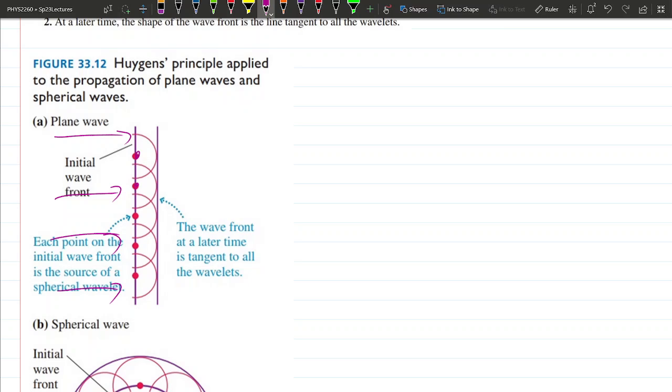Each of these points can be treated as a point source, and as these wavelets propagate out, they will either constructively or destructively interfere with each other. Therefore you produce an interference pattern even though you originally have only one light source, because you're treating the line along this wavefront as if there are multiple wave sources.